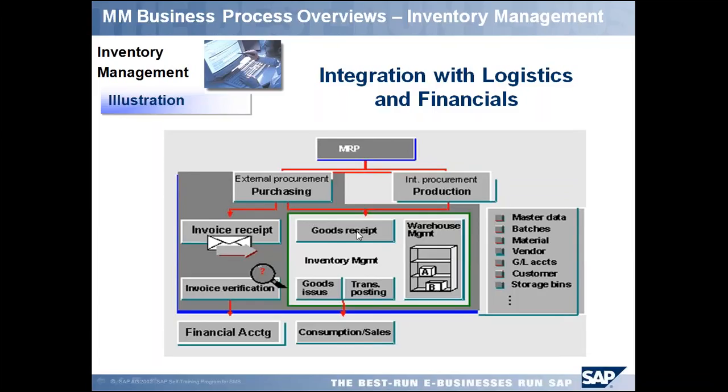So this invoice receipt is again going to be verified with the goods receipt, isn't it? They both need to talk to each other, or not? The invoice receipt needs to integrate with the goods receipt, isn't it? The invoice is the payment we need to make to the external vendor.